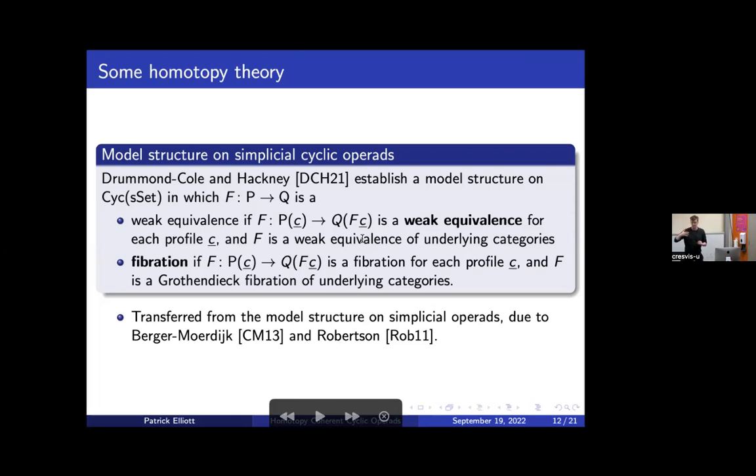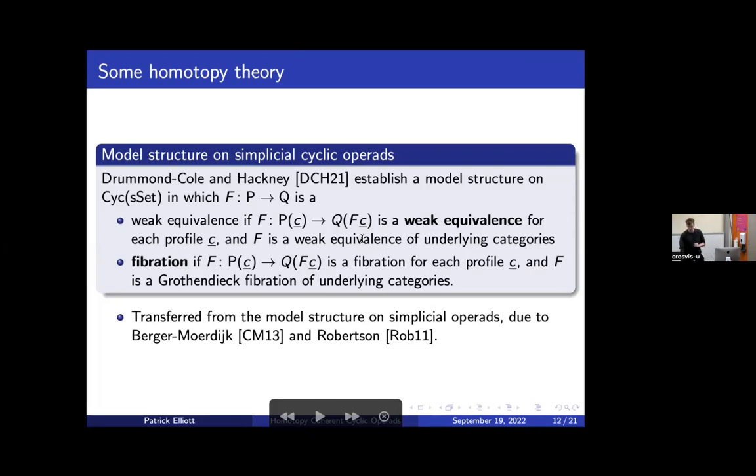If we take a cyclic operad, we can forget the cyclic structure and it has an underlying operad. Now, the underlying category of an operad is you just forget all the higher operations above having two colors, and those become your hom sets. And the objects of that category is your color set. Anyway, it's not really the focus.